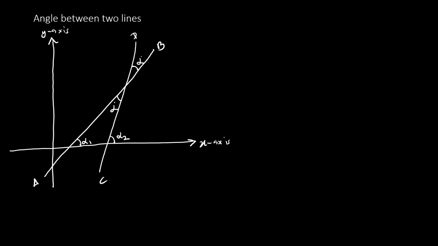Just for some easy navigation, let's call this side P and this side R. So we are assuming that the gradient of AB equals M1 and the gradient of CD equals M2.